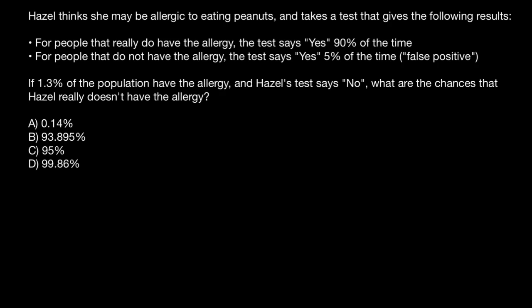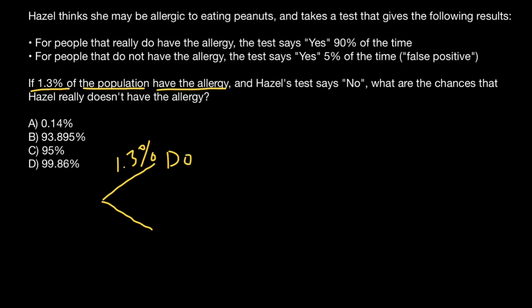So where are we going to start? We are told that 1.3% of the total population have the allergy. So we start with the forked line method, and 1.3% have the allergy.